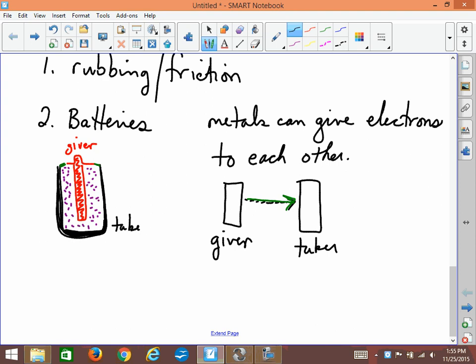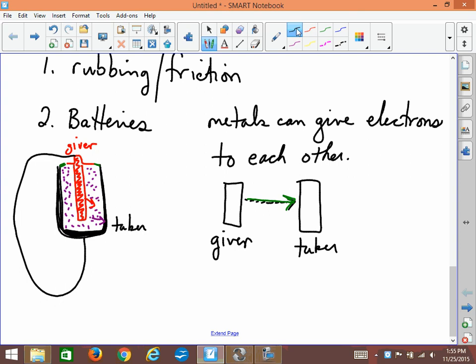And so what can happen is electrons can move from the giver metal into the paste, and then they turn into things in the paste, but eventually the electrons move from the paste into the metal. And if you connect a wire to the top guy, like this, and go down here, and connect it to the bottom, which is what happens when you put a battery into a device, it connects to the metal pieces, which are connected to wires. So any metal piece can be like a wire.